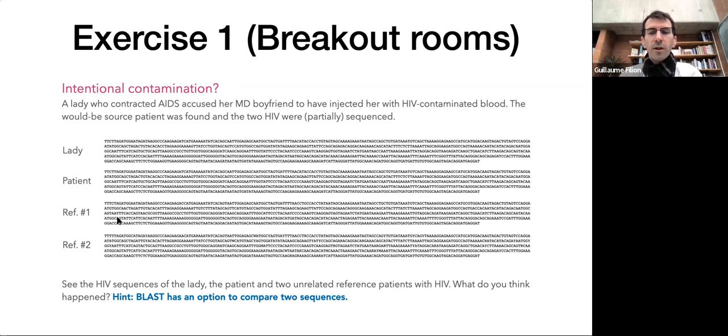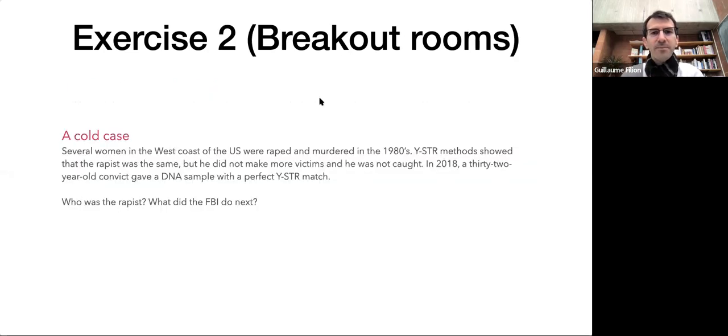There are just two other HIV patients picked at random out there in the wild in North America. So see the HIV sequences of the lady, the patient, and the two unrelated reference patients. What do you think happened? And here's a hint. You have to tell whether you think that indeed the MD boyfriend was cruel enough to do that, or whether the lady is inventing that stuff.